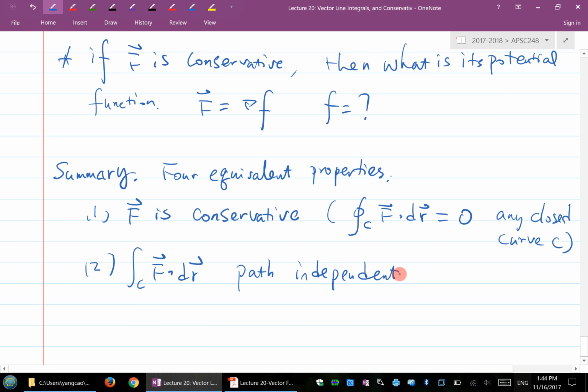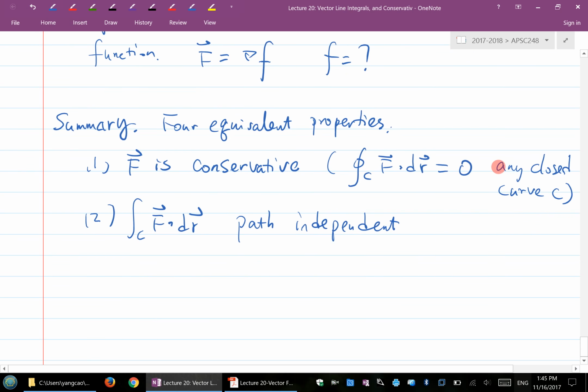All of them are just for conservative F. Is that for any case or only if it's conservative? Only for conservative. If it's not conservative, if it's arbitrary, then this property doesn't hold.